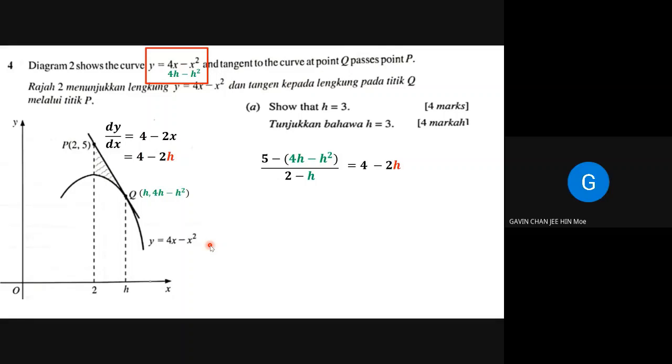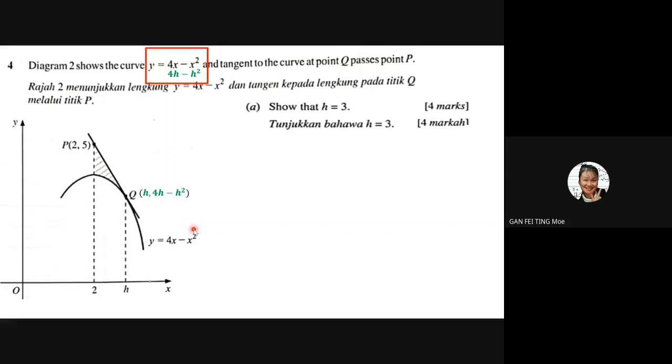Yes, I understand. Okay, so here I repeat this one for the first one. Let's go to this question again. Diagram 2 shows the curve. Since you say that you got problem with integration and differentiation, now let's do this topic slowly.